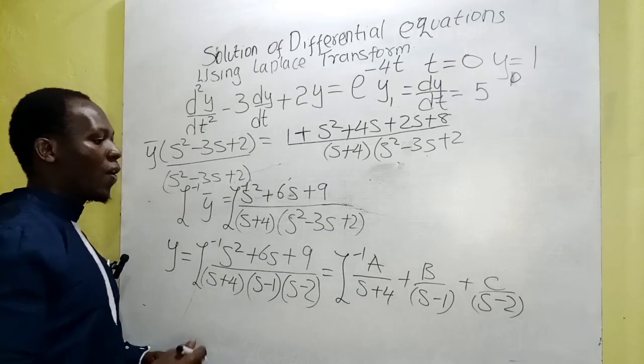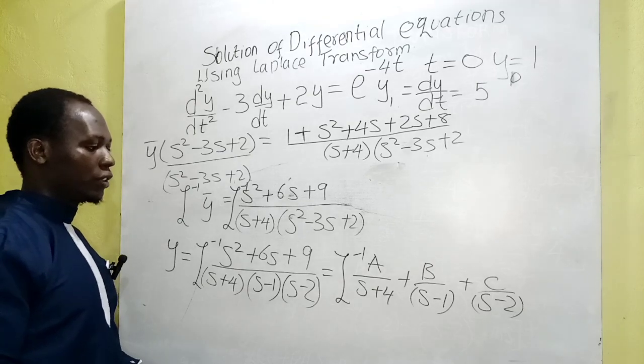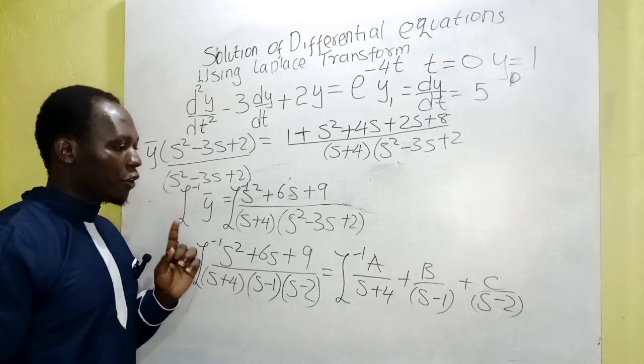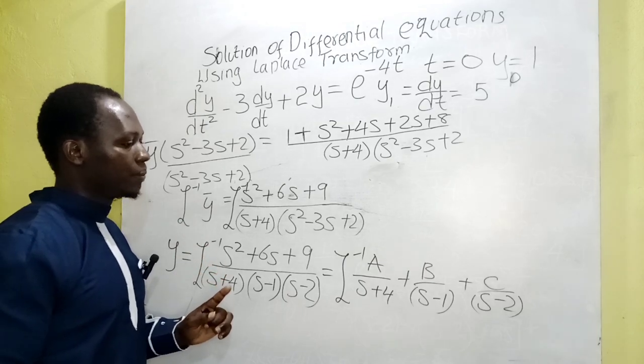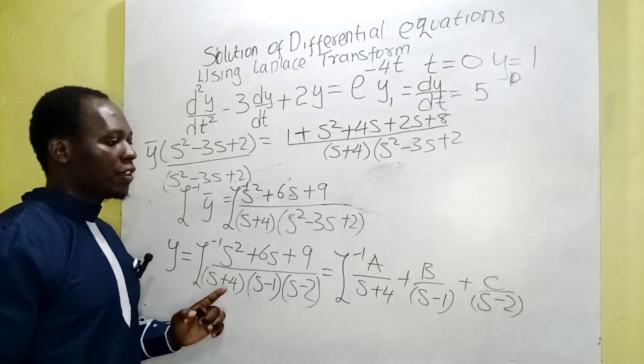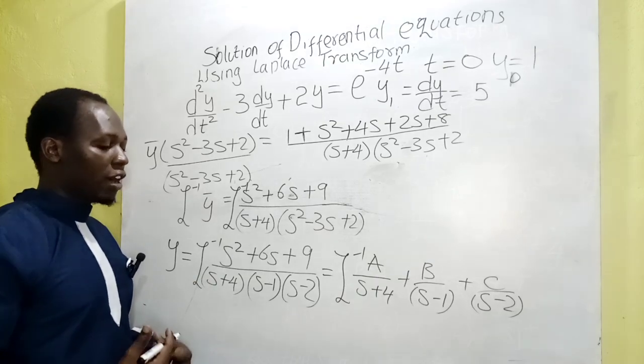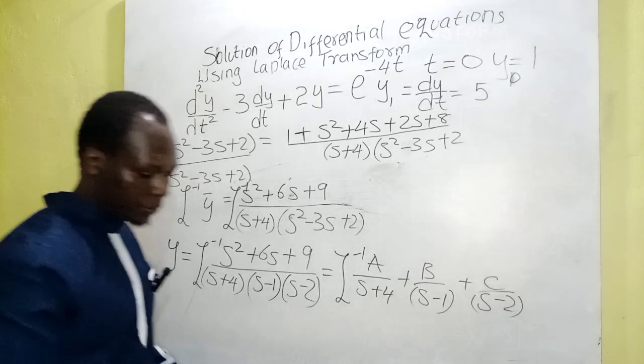These are now our partial fractions. From these, we need to get the values of a, b, and c. For us to get them, we are going to use the cover-up rule. By the cover-up rule, this is what I mean.